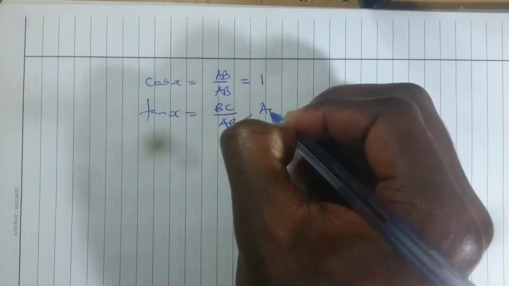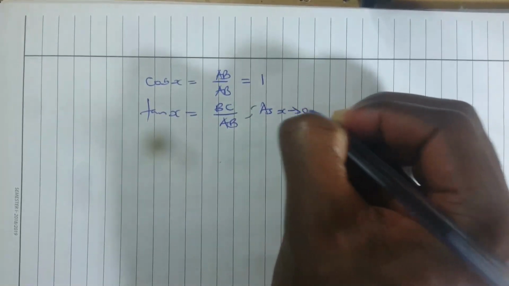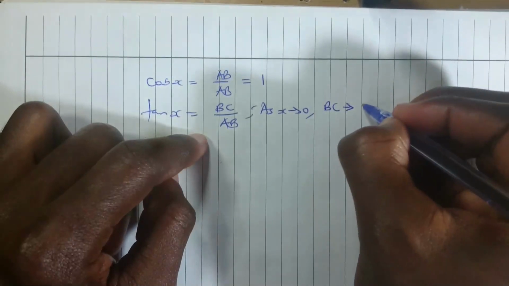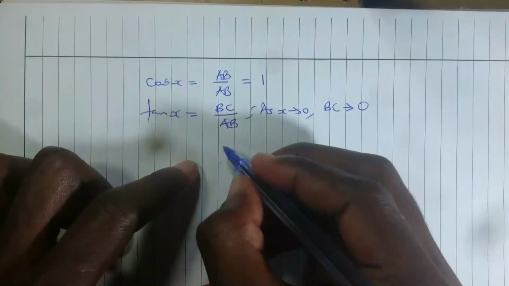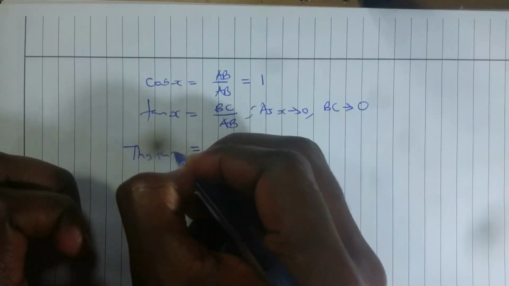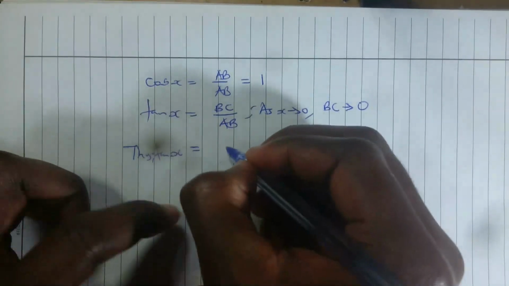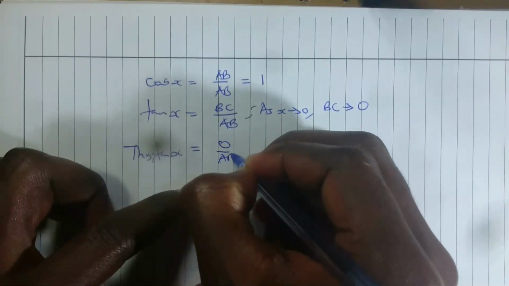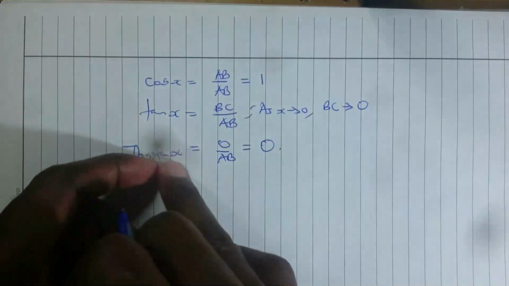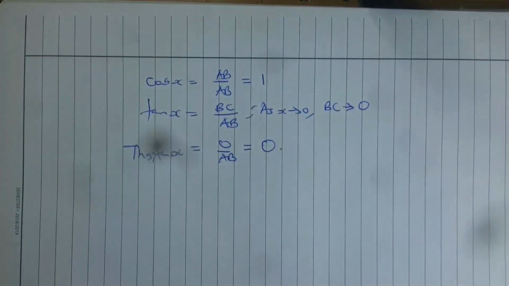But as x tends to 0, we have BC tending to 0. Thus tan x is going to be given by 0 out of AB, which is 0. So as x tends to 0, tan 0 becomes 0. Now we are done for the case of 0 degrees.